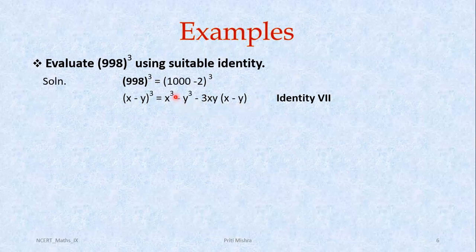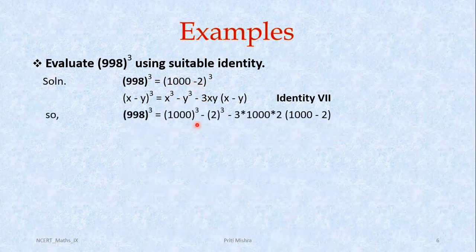What we need to do here is just replace x by 1000 and y by 2 in this identity. Then we will have this step. While calculating all these cubes and multiplications, we have the next step like this.